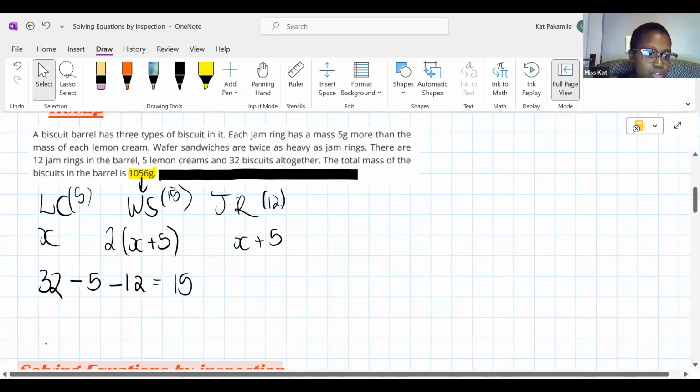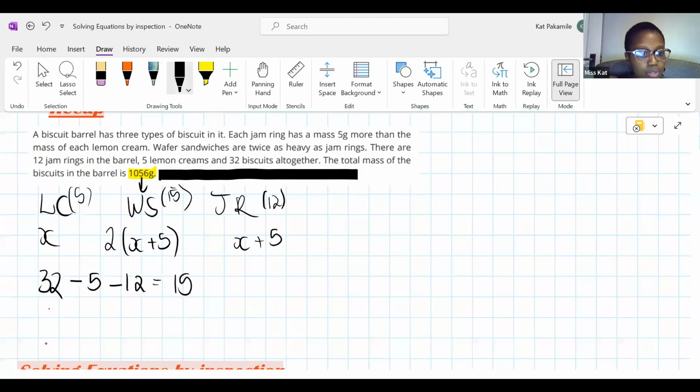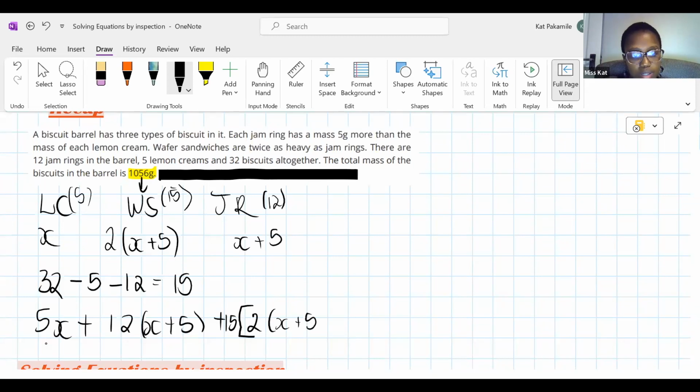So there are 5 lemon creams, so that's 5x, plus 12 jam rings, so that's 12 times (x plus 5), plus 15 wafer sandwiches. So it's 15 times (2x plus 5).